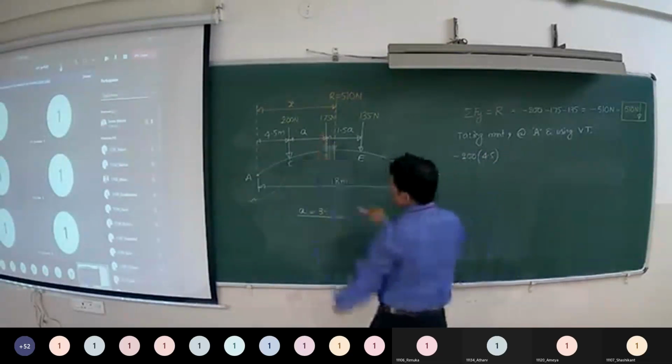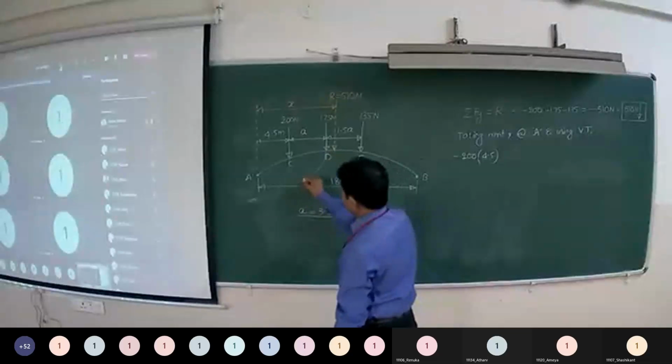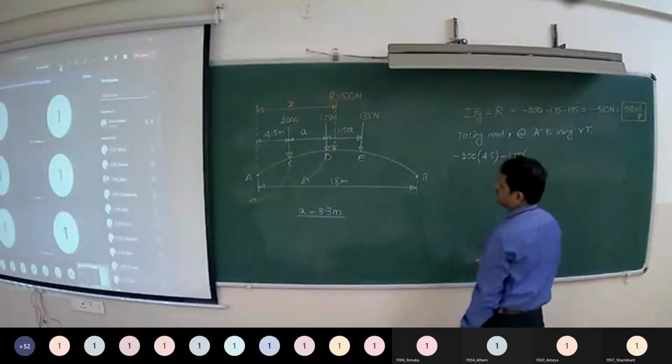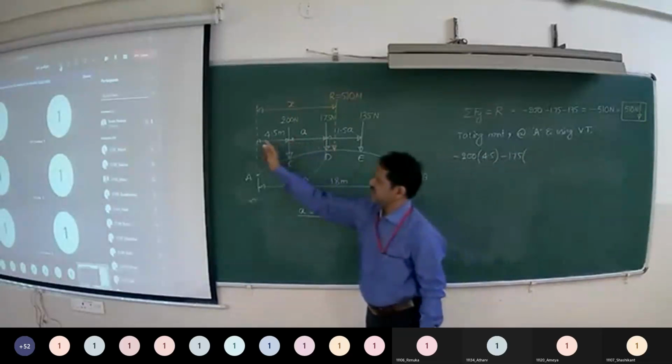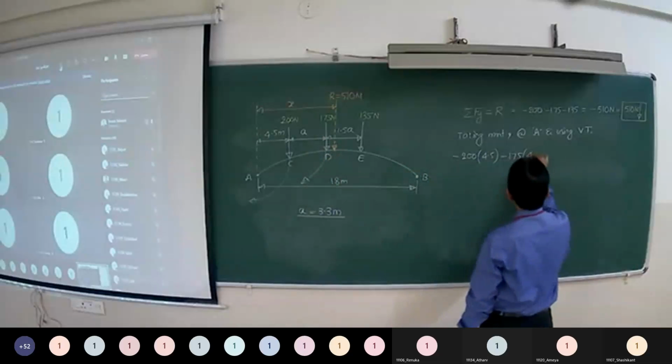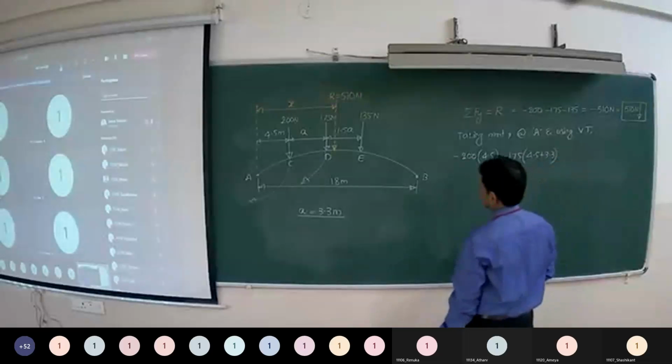Moment of 175, again clockwise, minus 175 into the perpendicular distance 4.5 plus a, so 4.5 plus 3.3.